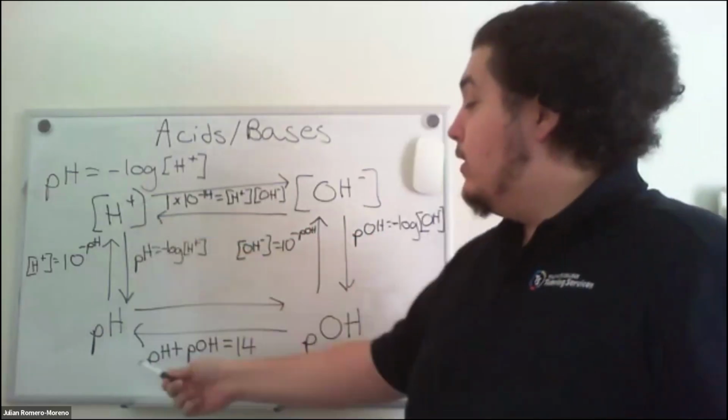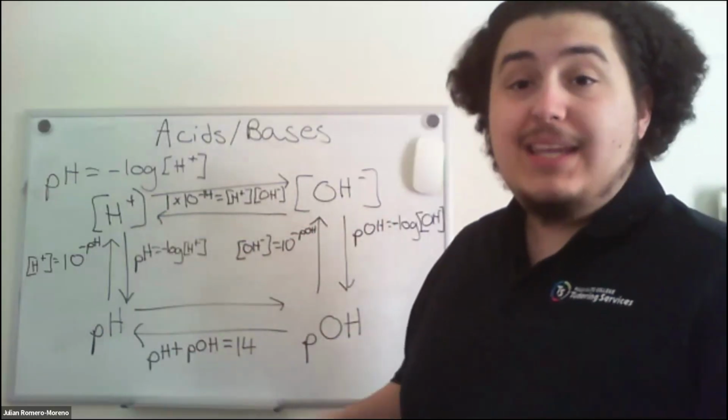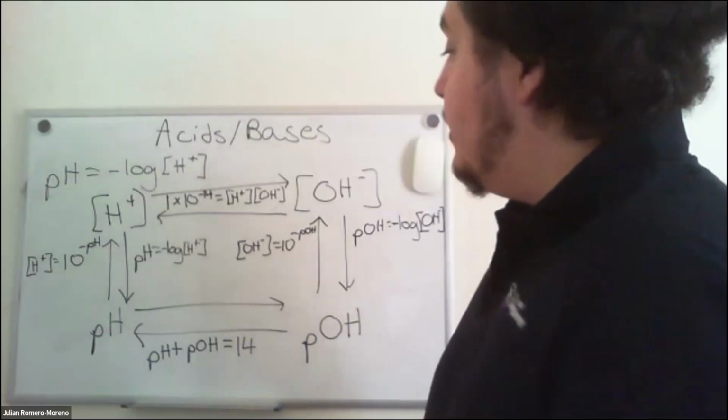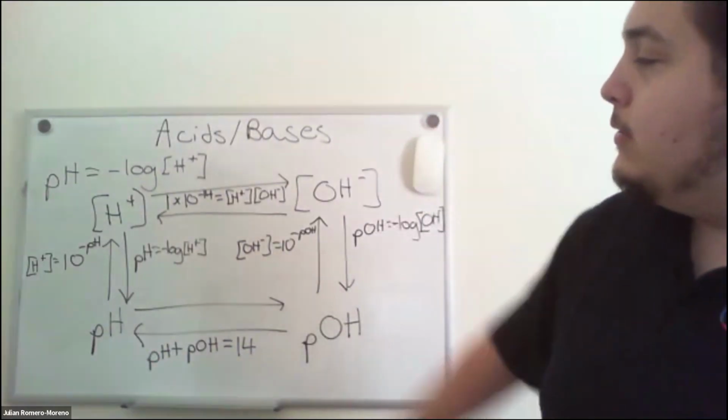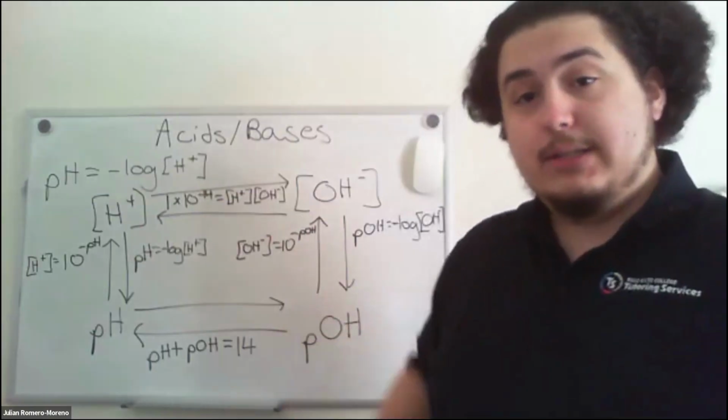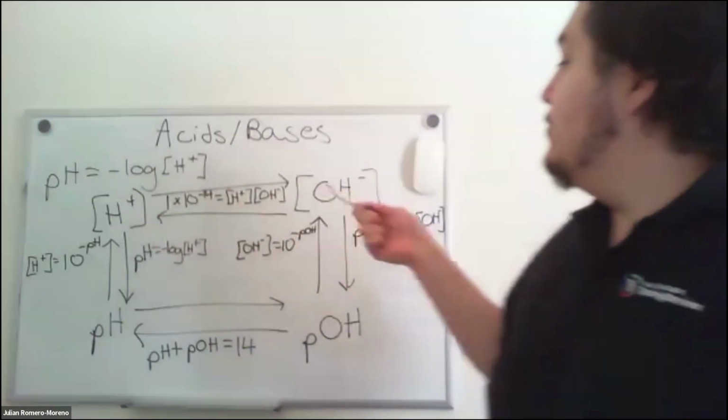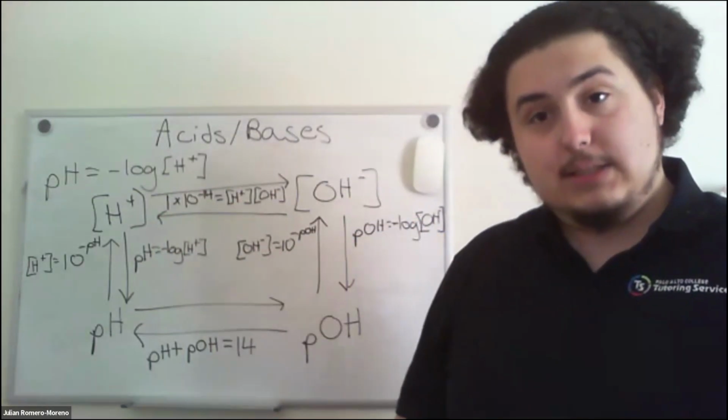This right here is what we call the pH square or the pH diamond, which is how we can go from different values. So just like you have a concentration of H plus in water, you can also have a concentration of OH minus in water.